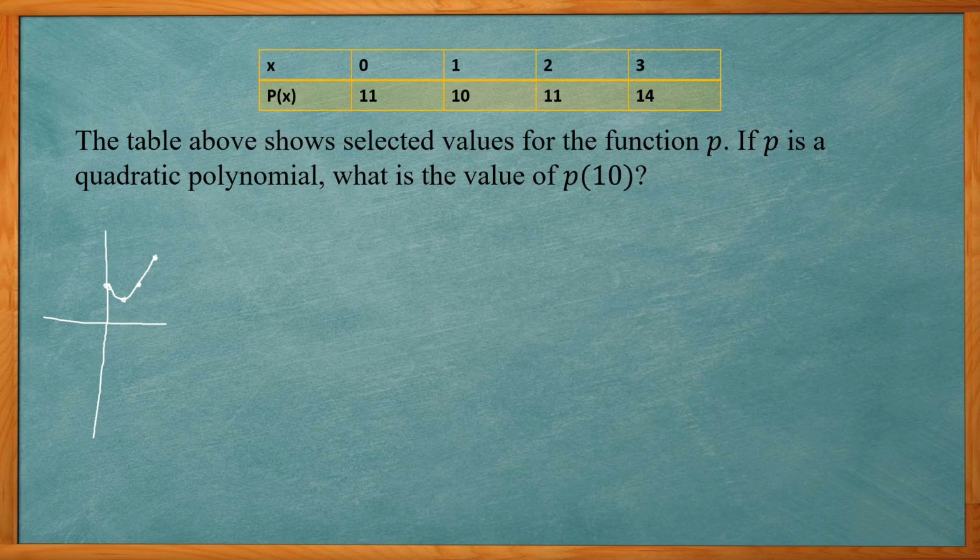So if we get this minimum point here, that's going to be our vertex. So 1, 10 is going to be our vertex. That's going to be very important. So we have our equation of a parabola in vertex form. So y equals a times x minus h squared plus k.